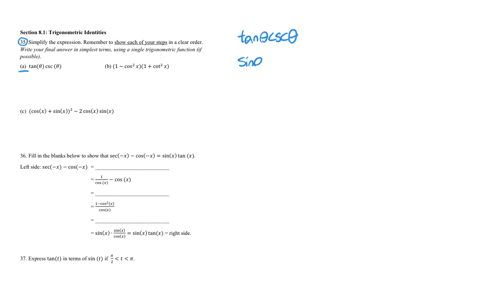Tangent is sine theta over cosine theta, times cosecant, which would be 1 over sine theta. So those will cancel out. So we have 1 over cosine theta, which is secant theta. So this first one is secant theta.